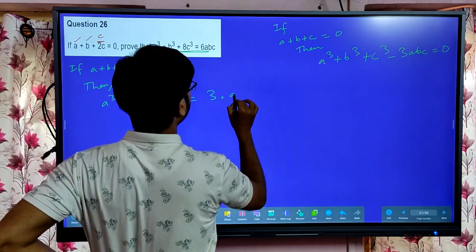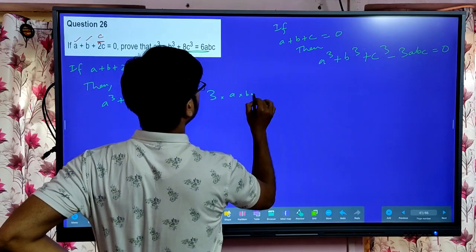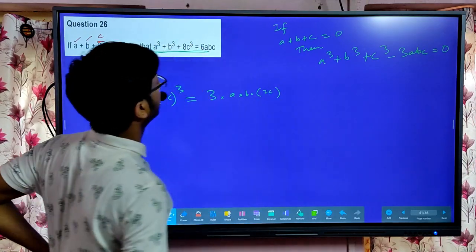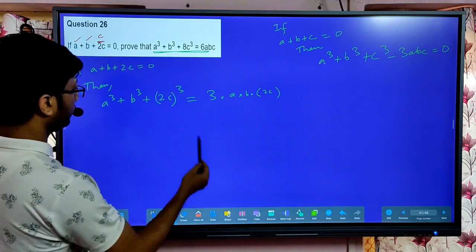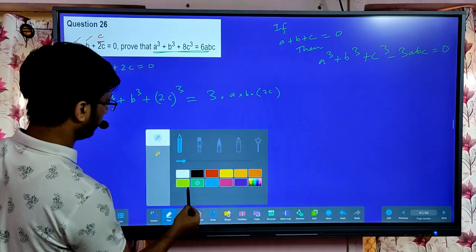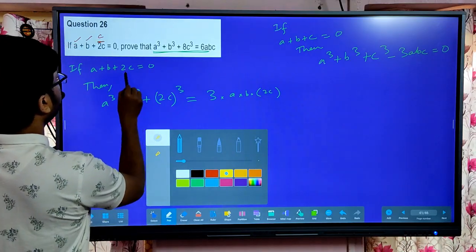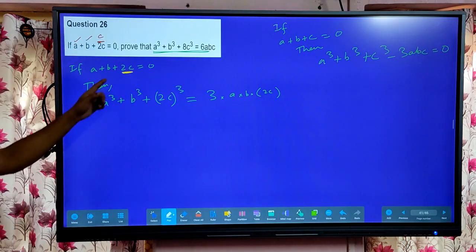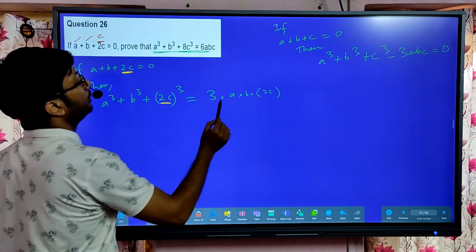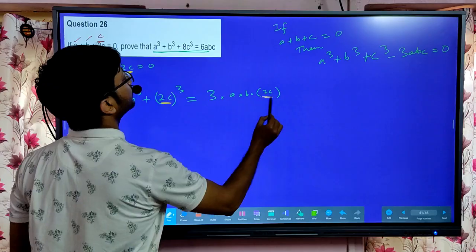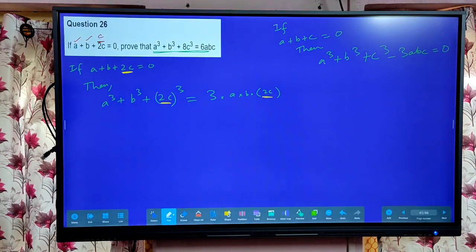3 into a into b into c, which is 2c. Try to understand. If a plus b plus c, this is my c, equal to 0, then a cube plus b cube plus c cube will be equal to 3abc. Okay, that thing.